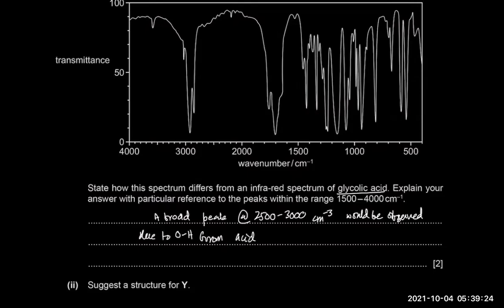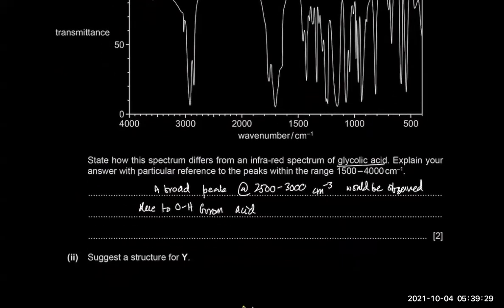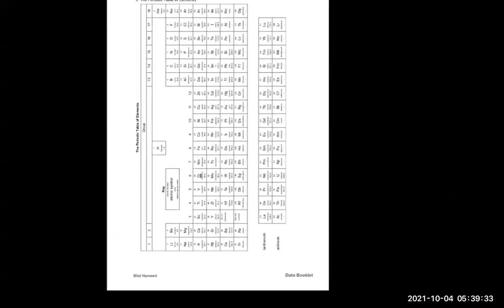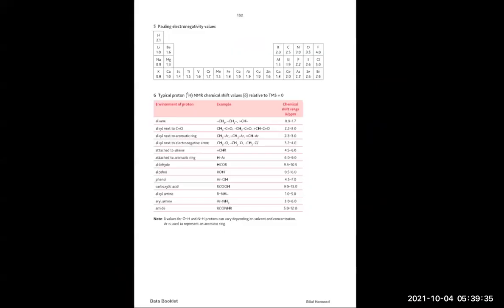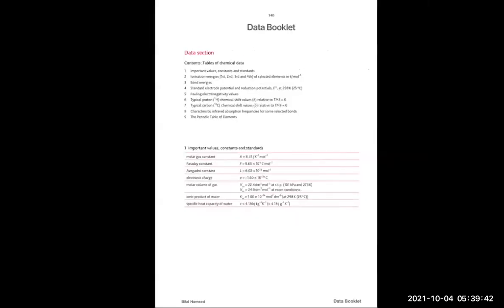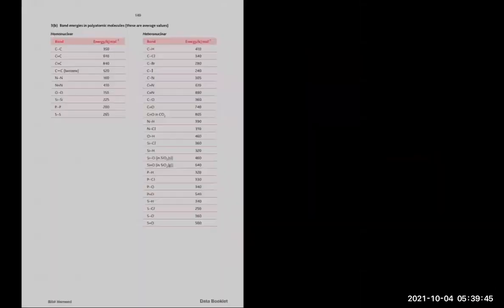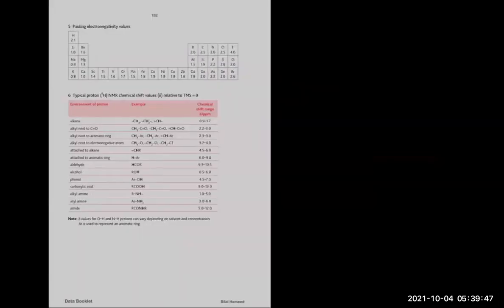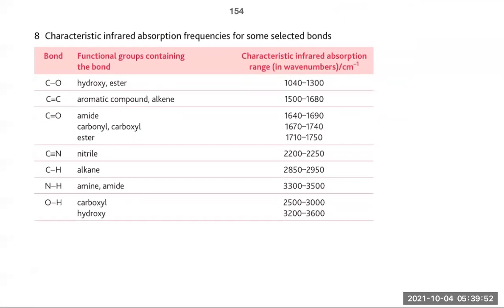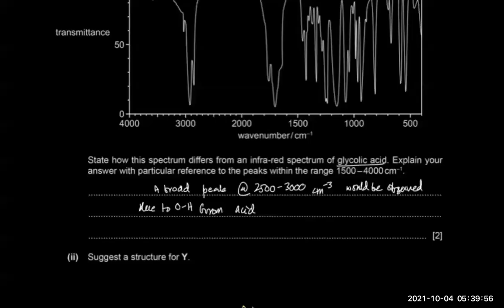Okay. And another thing is that if you go to the data booklet here, we would see that broad peak, and we would also see a peak at around 3200 to 3600 for the other one, which is the OH of what? You have two OH peaks, where are they? Yes, one is the carboxyl OH and one is the alcohol OH. So you will see separate peaks for both, right?